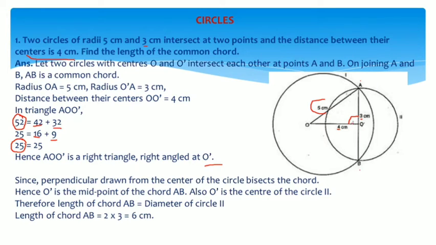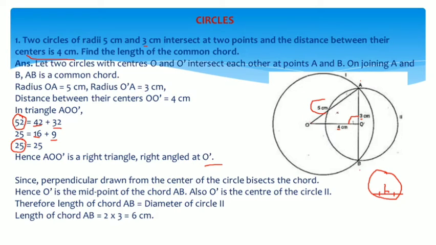Now we know a theorem that if on a chord from the center we drop a perpendicular, then that perpendicular bisects the chord. So if we have a circle with center O and we have taken a chord, and from this center we drop a perpendicular, then this perpendicular will bisect the chord, meaning these two parts will be equal.